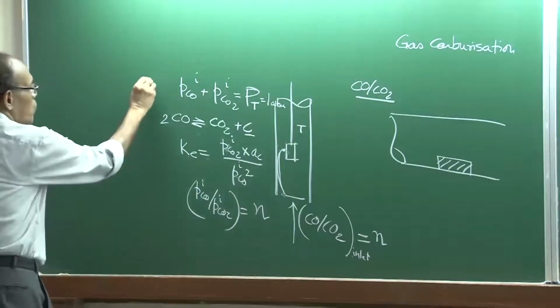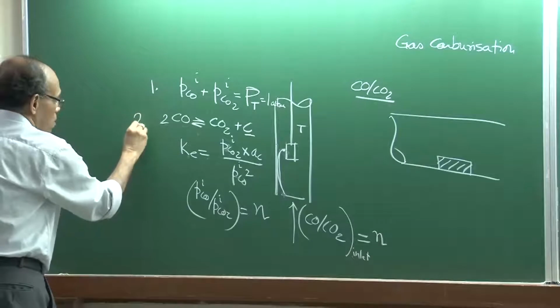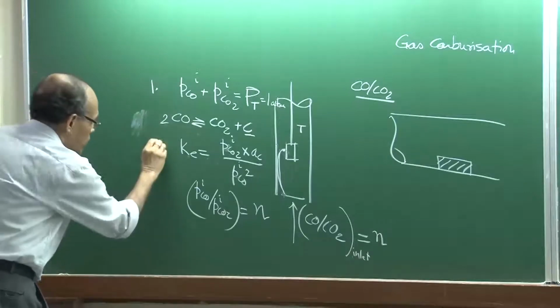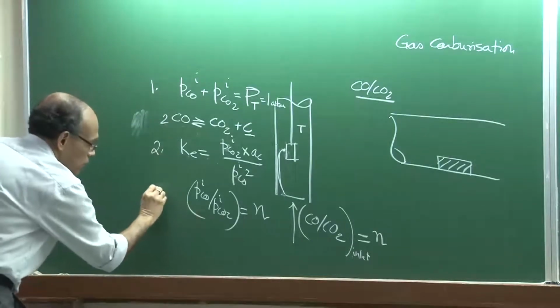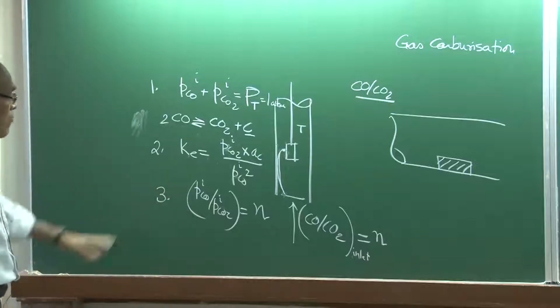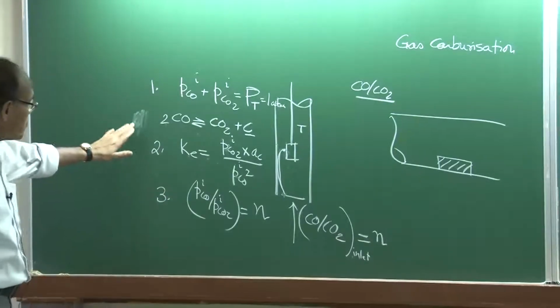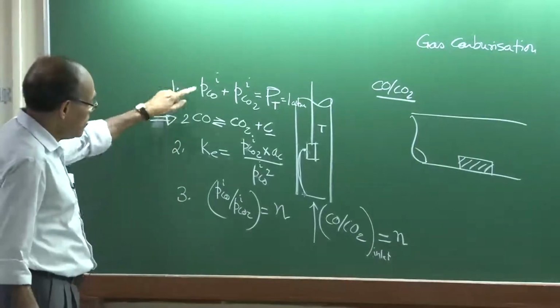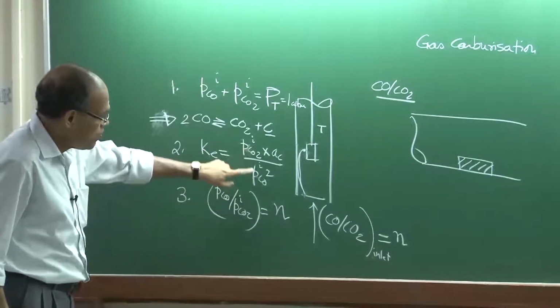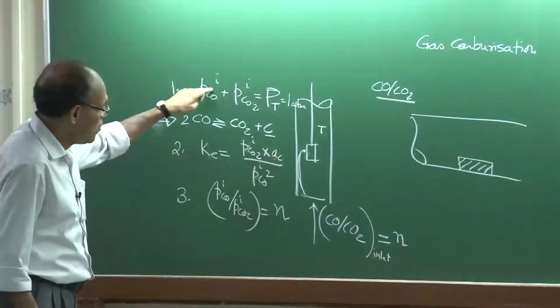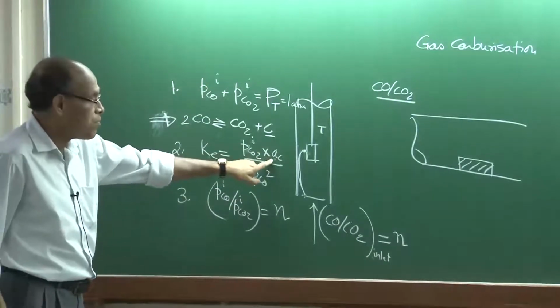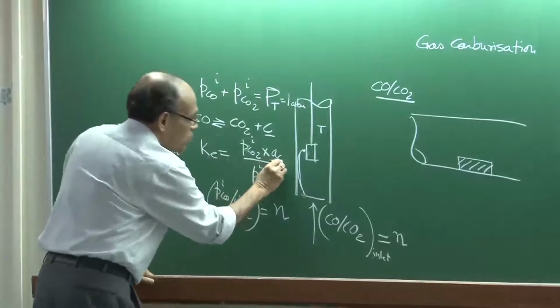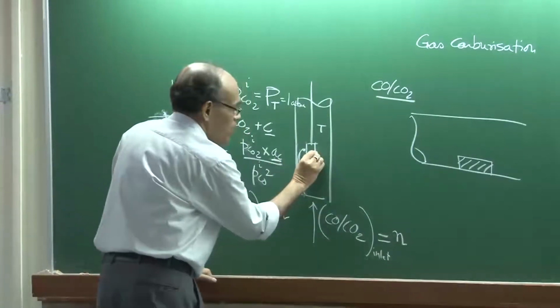So, we have one equation here, a second equation here, and a third equation here. And as you can see, this is the chemical reaction, and we have 3 unknowns: PCO2I, PCO and the activity of C. Therefore, the activity of carbon at the surface of the solid can be determined.